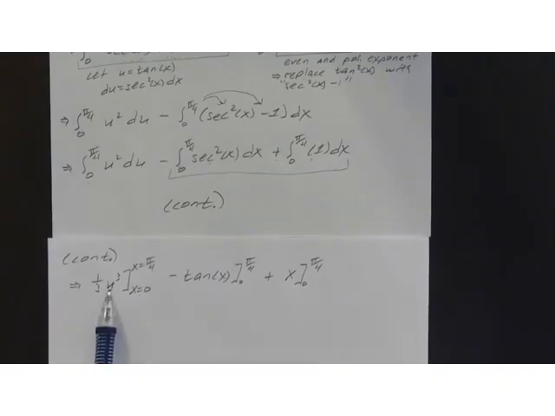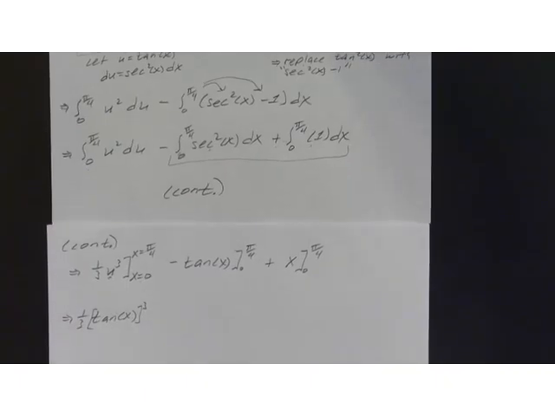So again, all we have to do now is just replace that with tangent of x. And I'll just say tangent of x to the third power, instead of having the 3 in between there, from 0 to pi over 4, minus tangent of x from 0 to pi over 4, plus x from 0 to pi over 4.